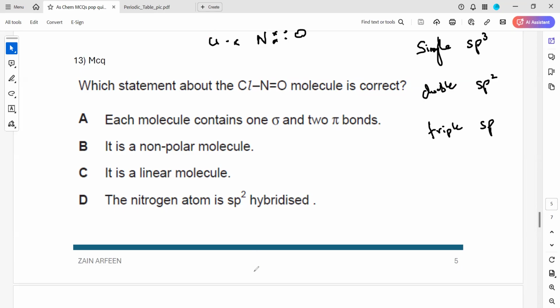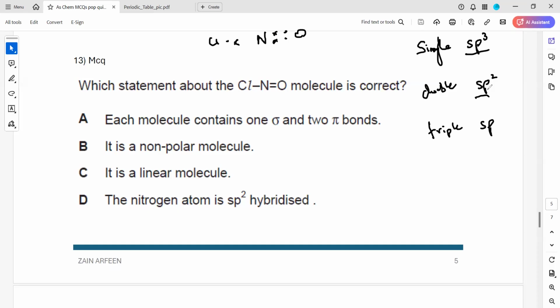So always remember, when there's a single bond, it is called sp3 hybridization. Whenever in the structure there's a double bond, it is sp2, and for a triple bond, it is sp.